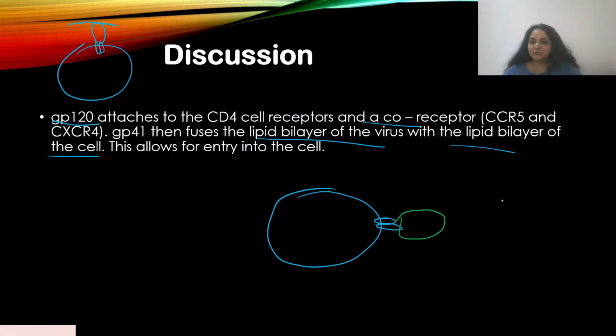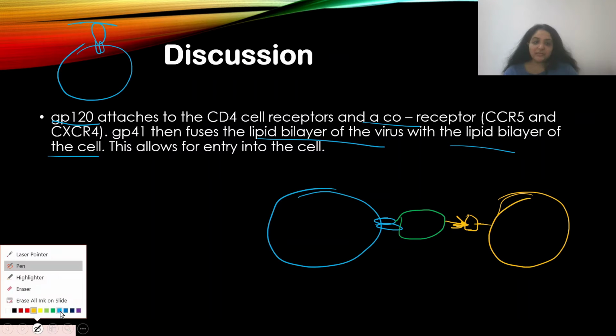And remember this, because you will thank me later when you're studying medicine. You will learn the same thing there. Okay, so you have a CD4 receptor here. Okay, this is a CD4. So initial docking happens here. GP120 head attaches to the CD4 receptor. Now I told you there are co-receptors also present there.